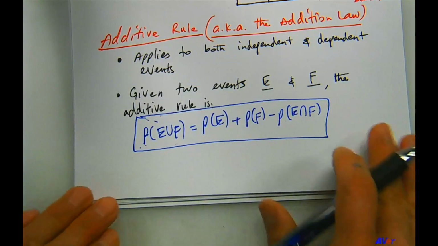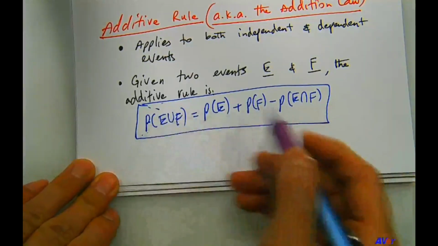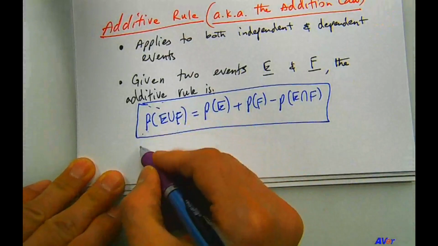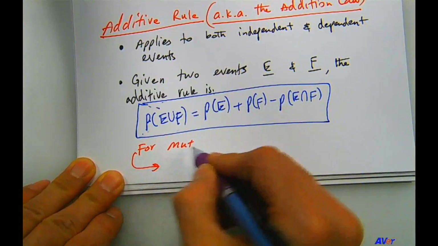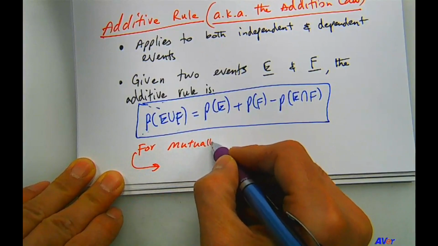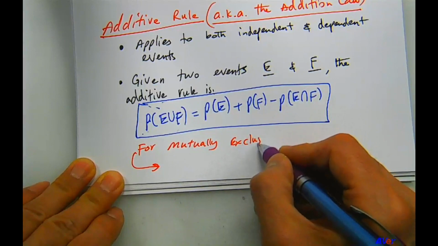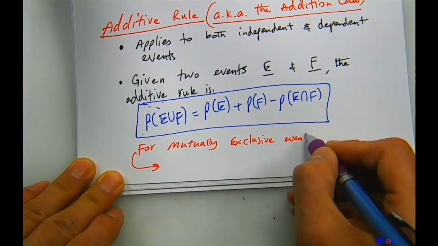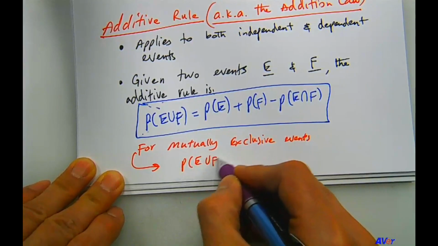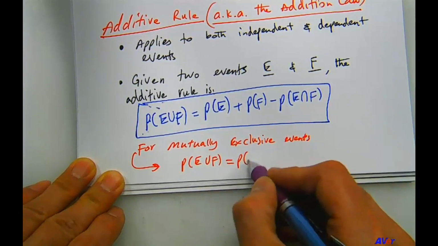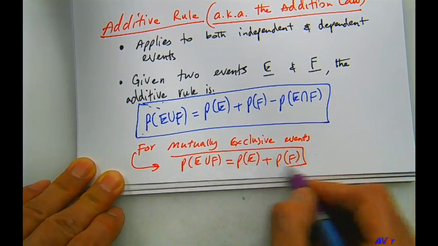All right, so I'm assuming that you've done that, and now you have an idea about how this would change for mutually exclusive events. This would change to probability of E union F equals probability of E plus probability of F. That's it.